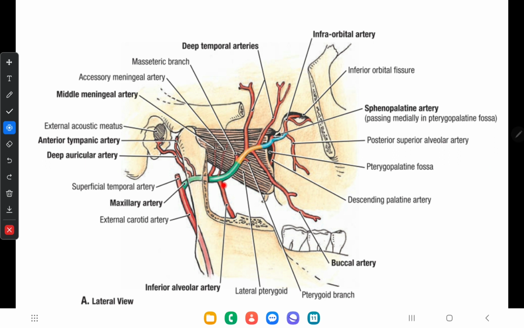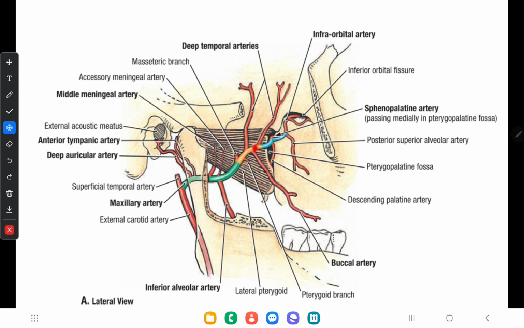Then the second part of the maxillary artery, also called the pterygoid part. It ascends obliquely forwards and upward between the lower head of the lateral pterygoid and the temporalis muscles.